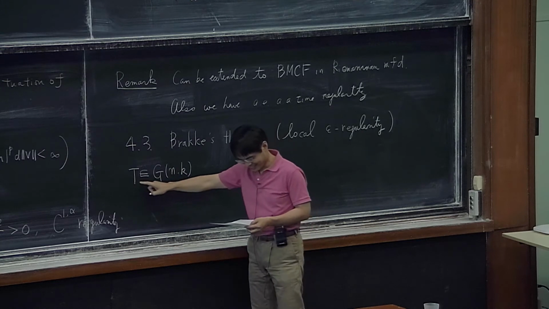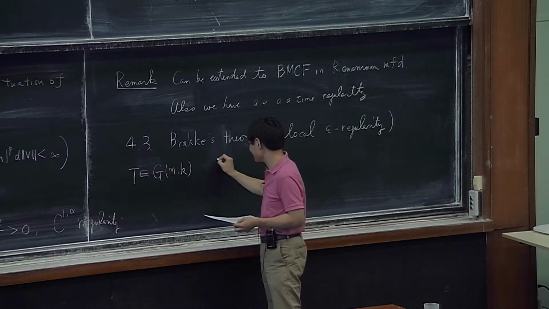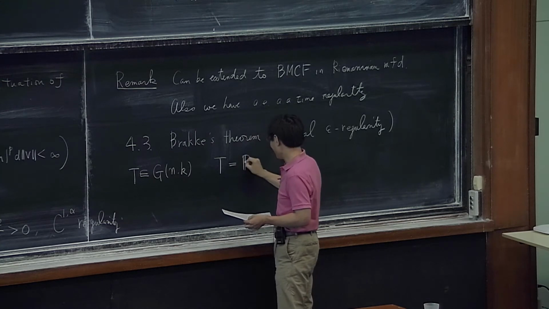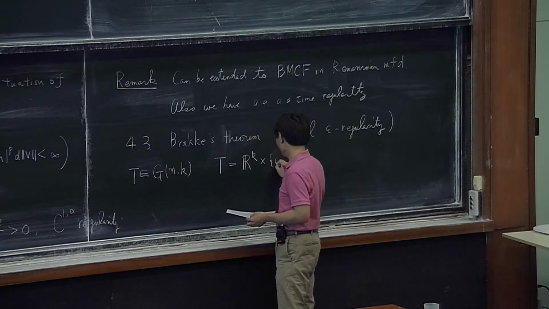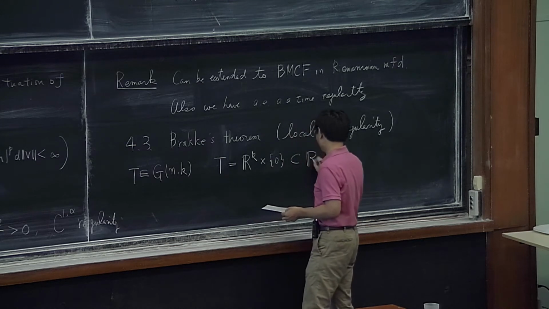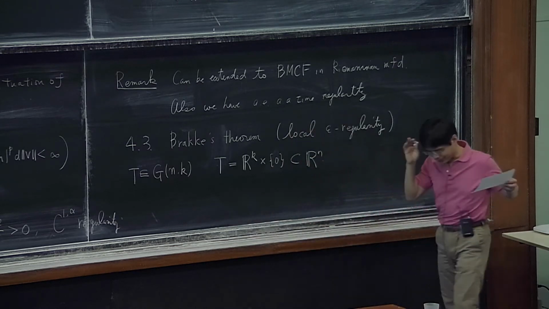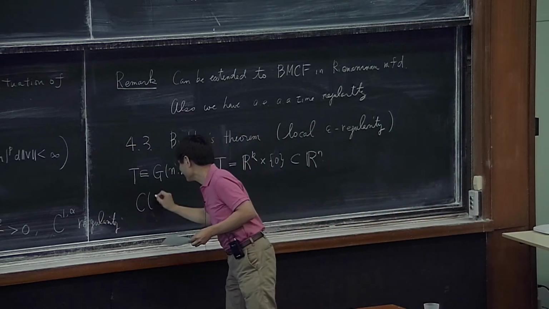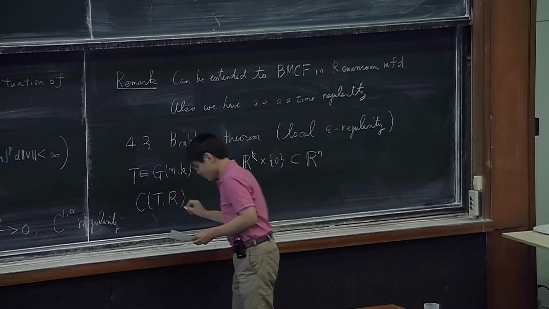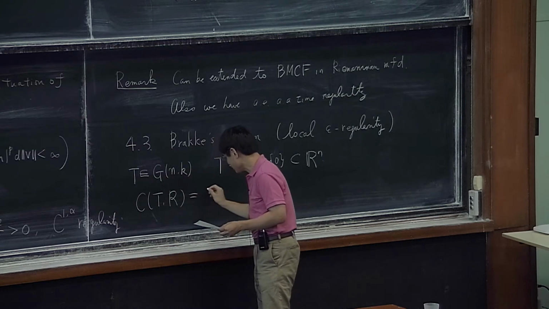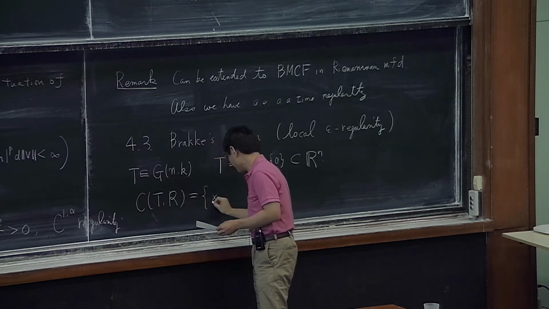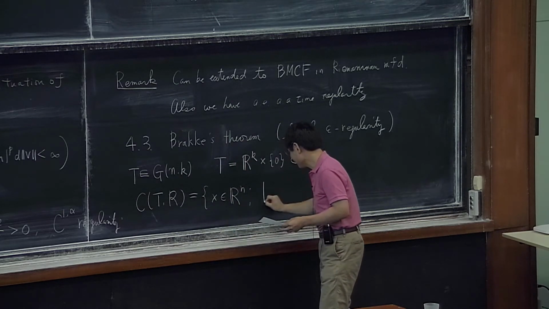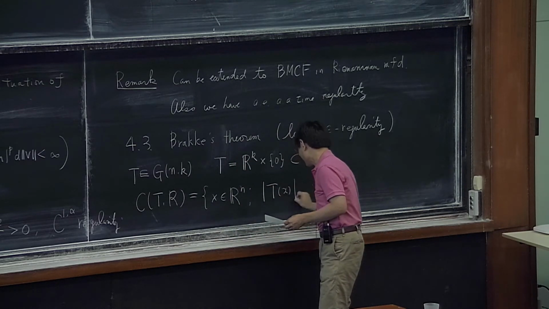Capital T is the plane, and for simplicity I can identify this T to be R^k cross 0 in R^n. That's easy to visualize. And let C_T^r be a cylinder, orthogonal to T and of radius r, such that |T(x)| is less than r.